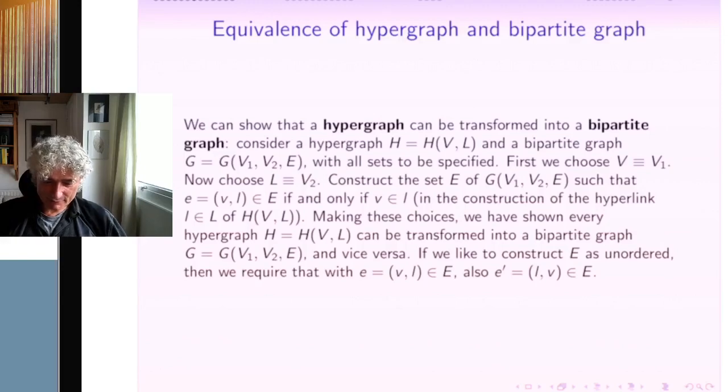So we identify V1 with V. And now we choose that V2 should become L. And the set E will be dealt with in a separate way.